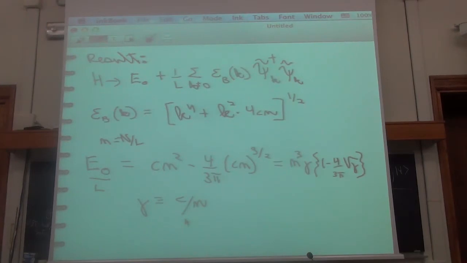You end up having a ground state energy which in fact is non-analytic in the interaction parameter. For a fixed density, there's a correction of the form interaction to a fractional power, 3/2. That's very disheartening if you're thinking of doing a perturbation theory around the c equal to 0 point. It's very often said that you can't do perturbation theory around c equal to 0 for these interacting bosons.